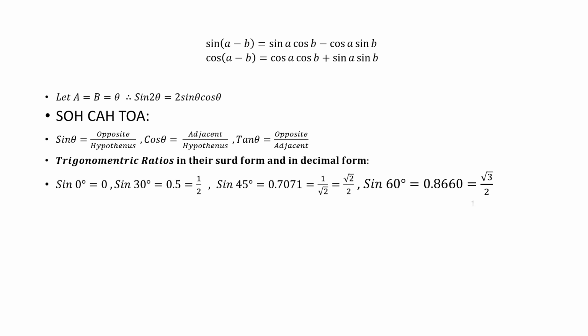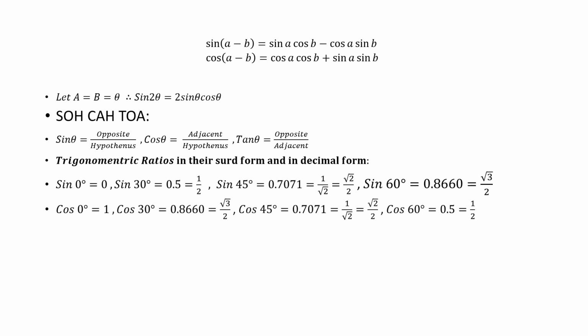Cos 0 equals 1... Cos 30 equals 0.8660 equals root 3 over 2. Cos 45 equals 0.7071 equals 1 over root 2 equals root 2 over 2. Cos 60 equals 0.5, which equals 1 over 2.